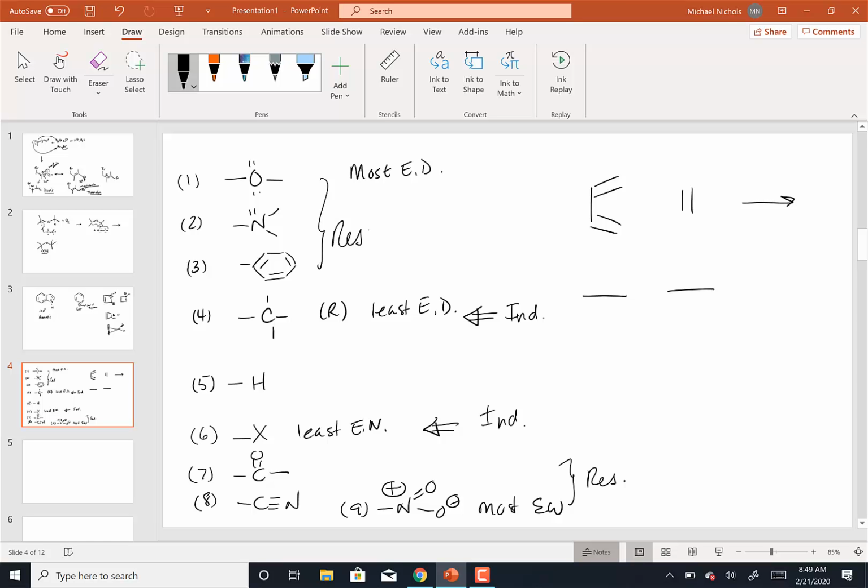The donating group goes on the diene and the withdrawing group goes on the alkene. Correct? Correct.